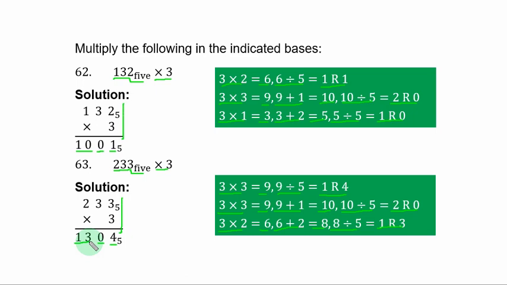So your result is 1304 in base 5. In that example, you notice that the highest digit is 4 because you are dealing with base 5.